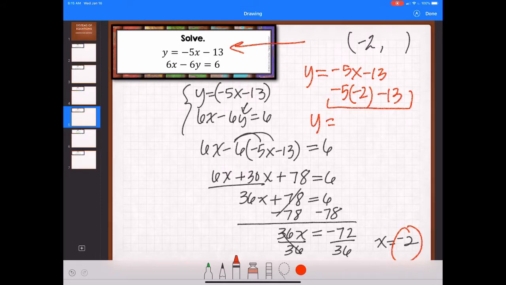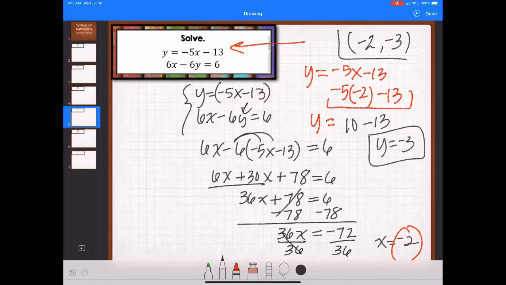So that way you get negative 5 times negative 2 is 10 minus 13. So y equals negative 3. So the ordered pair negative 2, negative 3 is my solution. Again, that's where the lines would intersect if you were to graph this problem out.